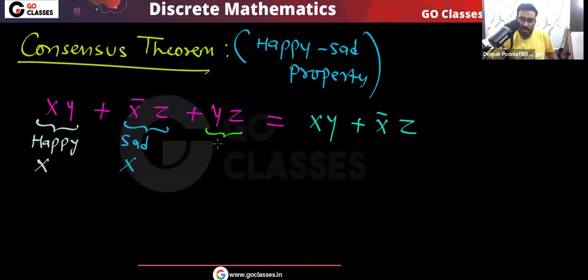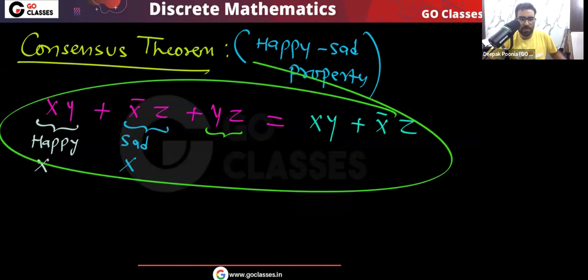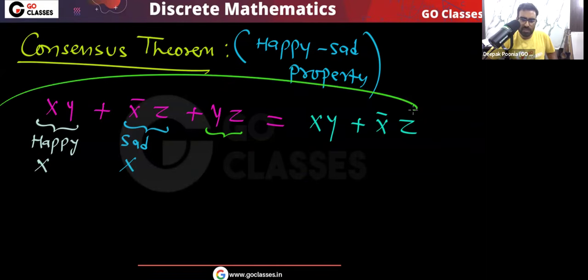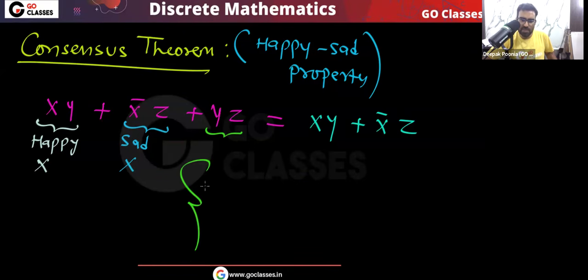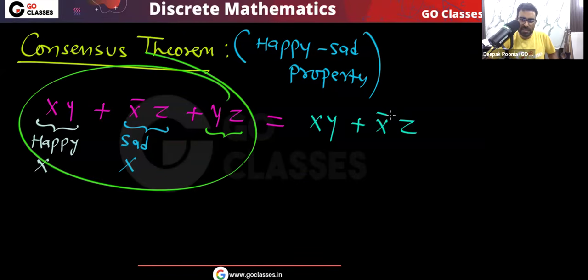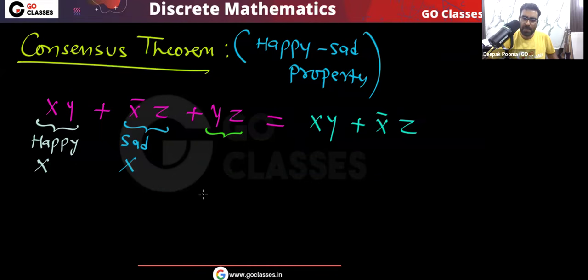So these conspiracy terms you can remove and simply write it like this. Anyway, this is just to remember. But of course, you can prove it using the by-case method. You can make two cases, x true and x false, and then you can easily see that the LHS is equivalent to the RHS. So the point is, this is a conspiracy.